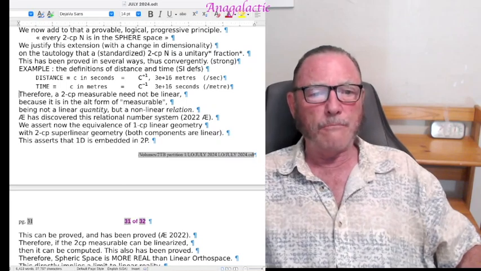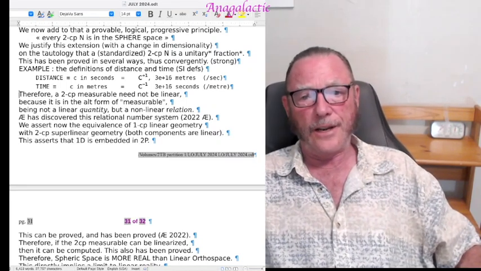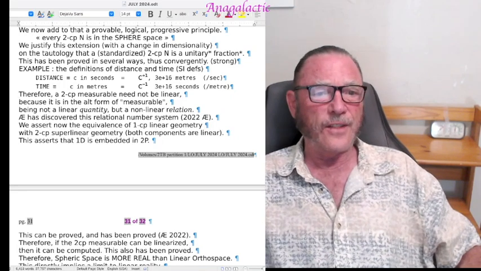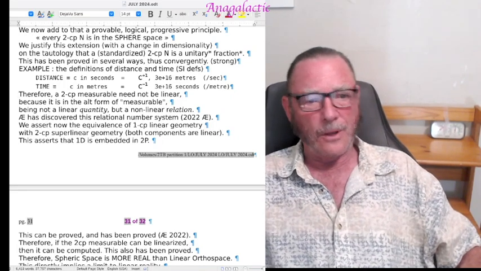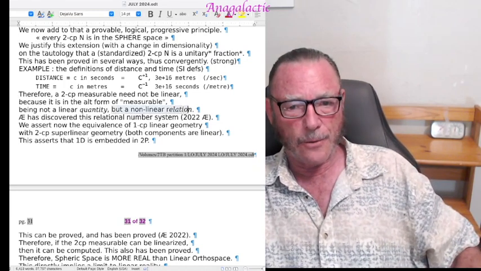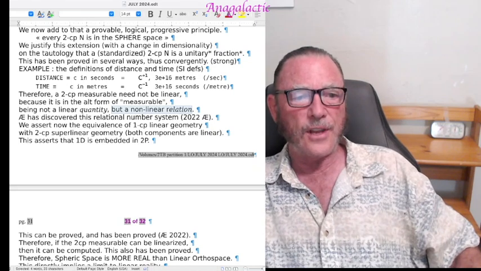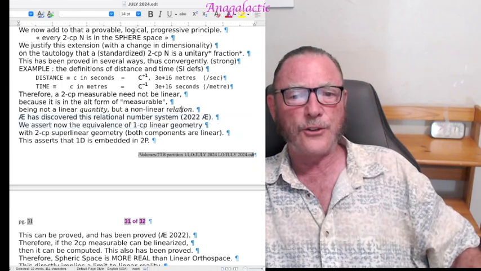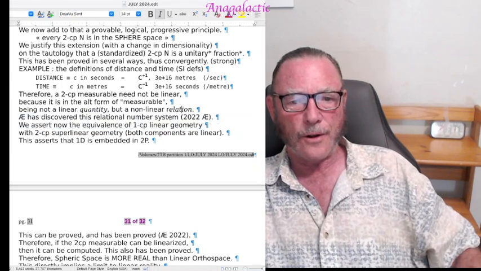A two-component measurable need not be linear. It's spherical, idiots, because it is in the alternate form of measurable, being not a linear quantity, but a non-linear relation. And these imbeciles that call themselves professors do not understand this word.